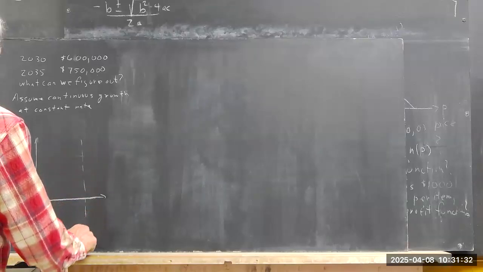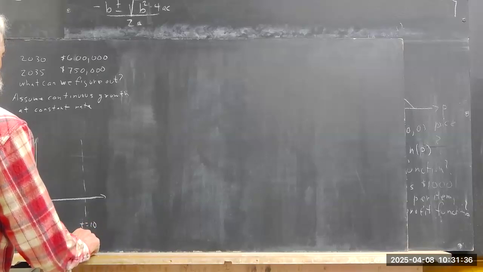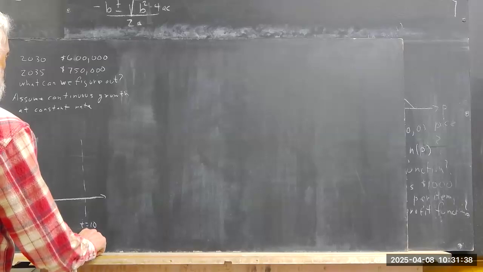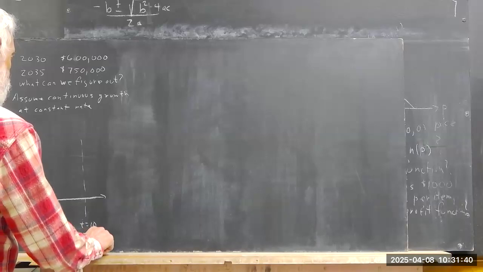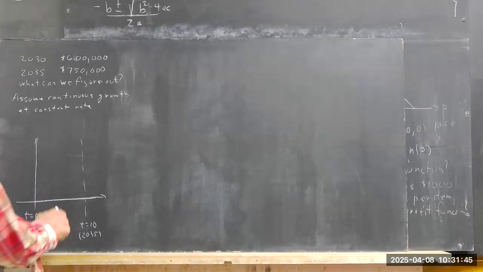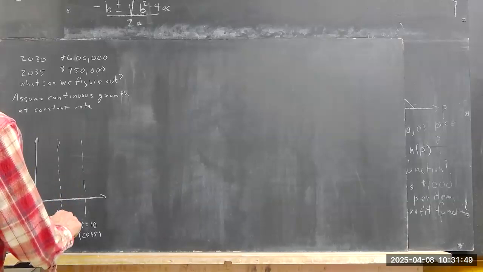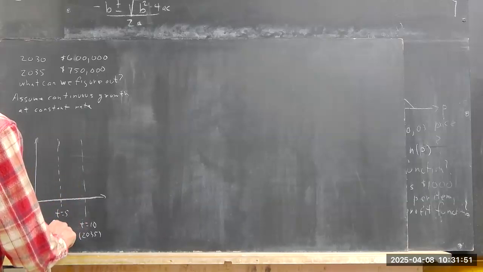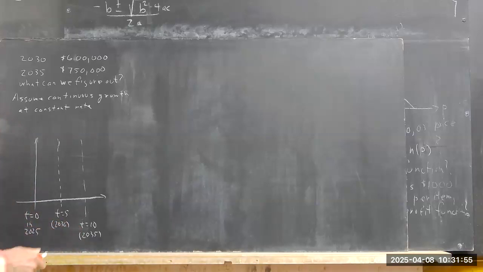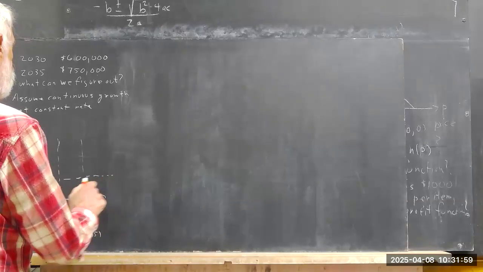So let's just say T equals 10, which of course is the year 2035, if 2025 is T equals 0, and we have T equals 5, which is 2030. And we've got $600,000.